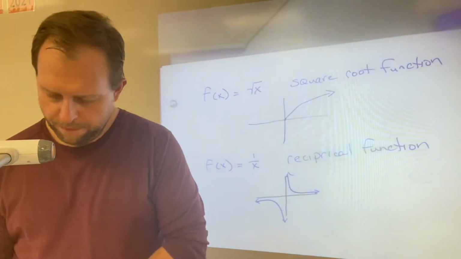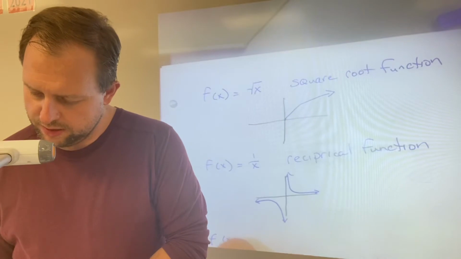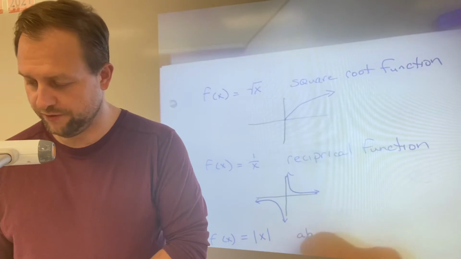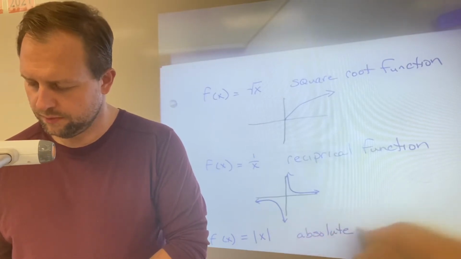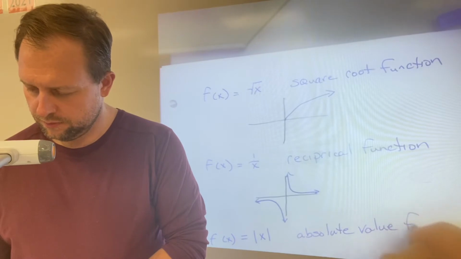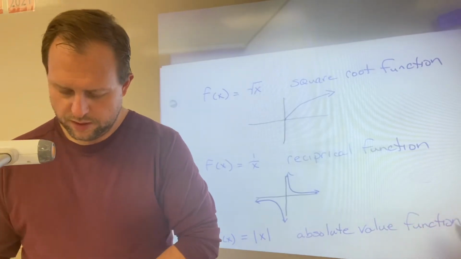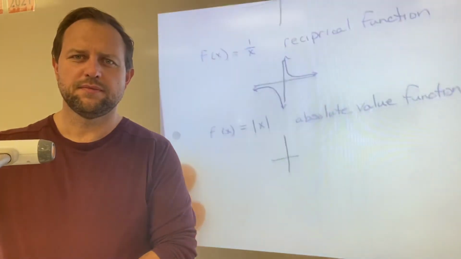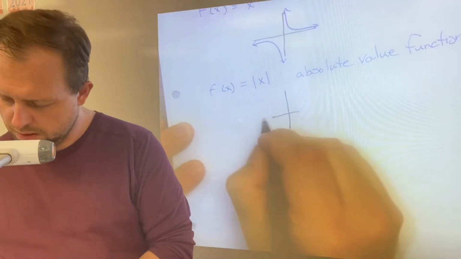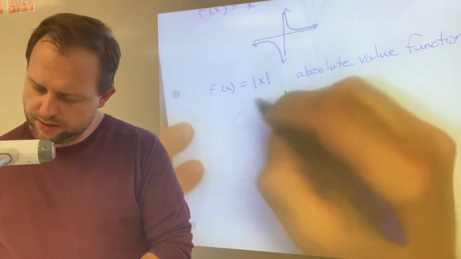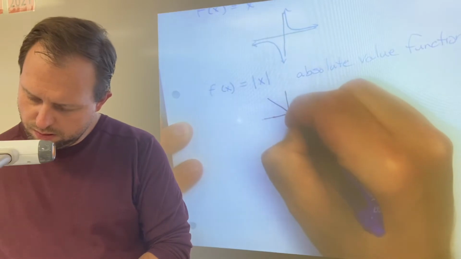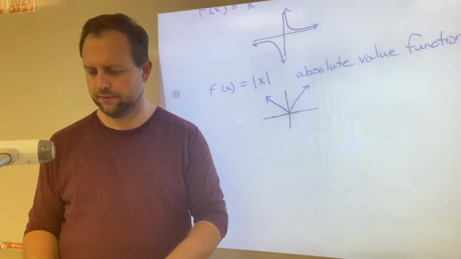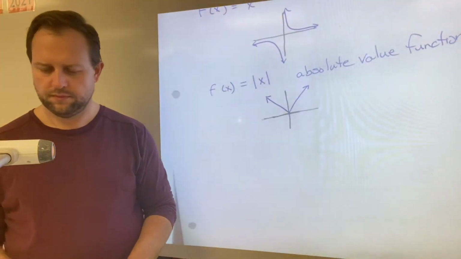Next one is f of x equals the absolute value of x, which of course means we're talking about the absolute value function. In an absolute value function, we have our axes, and come down on one side, up on the other.